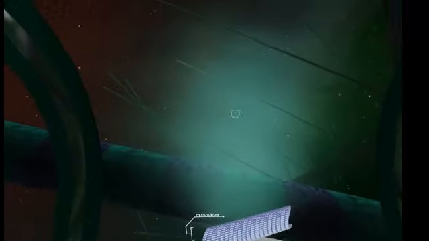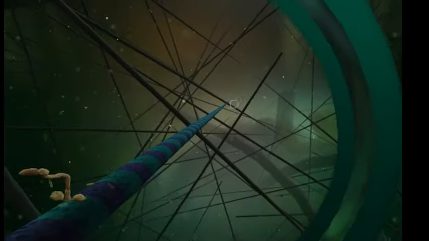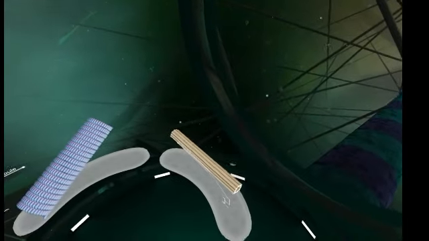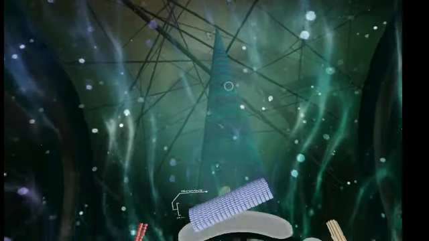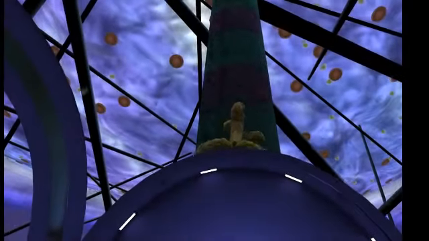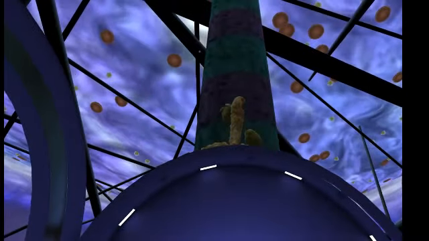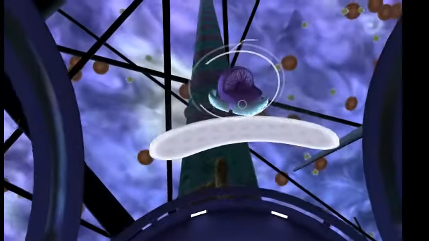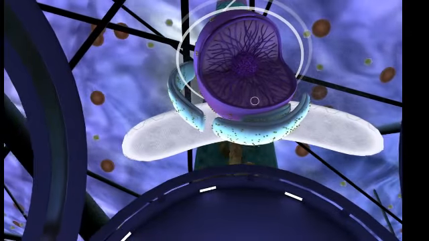The kinesin protein is heading straight for the cell's nucleus. Let's tag along for a ride. We are now approaching the nucleus, the center of the cell. The surface of the nucleus has its own membrane, similar to that of the cell.